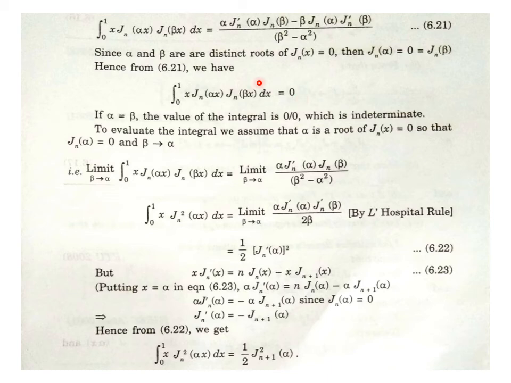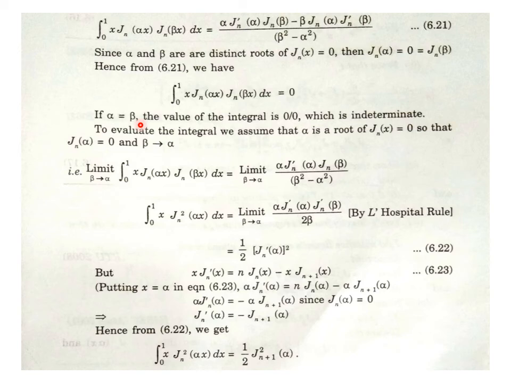If alpha and beta are the same, what will happen? The numerator is again 0 because of the presence of those two equations. But if alpha equals beta, then the denominator also becomes 0. So the right-hand side of 6.21 becomes 0 upon 0, which is an indeterminate form. That's why, in order to evaluate or simplify equation 6.21 at alpha equals beta, we are using limiting cases.